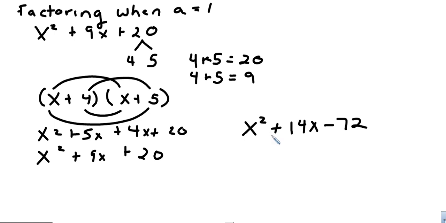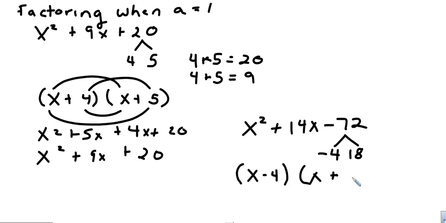And I know the larger number is going to be positive because it's going to add up to a positive number. Those factors in this case turn out to be negative 4 and 18. If you have trouble with that, just start dividing 72 by various numbers until you find the set that adds up to 14. So this factors as x minus 4 times x plus 18. And I'm done with my factors for that particular quadratic.